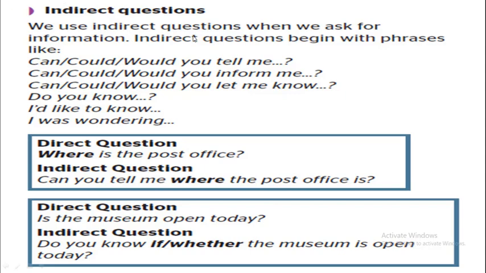And we use indirect questions when we want to ask for information, but an indirect question does not begin with a WH question word, but actually begins with expressions and phrases like "Can you tell me?" and "Do you know?" or "I'd like to know," "I was wondering."